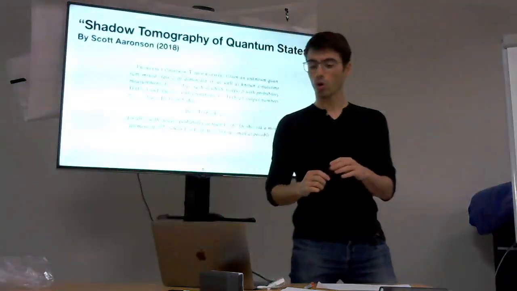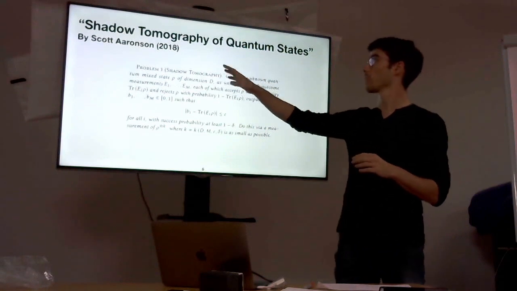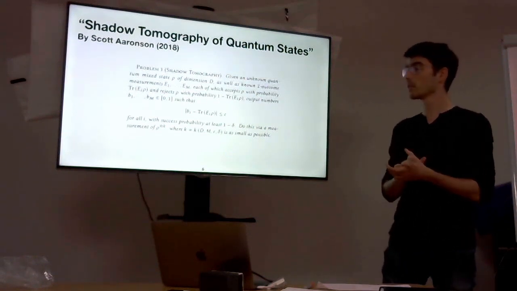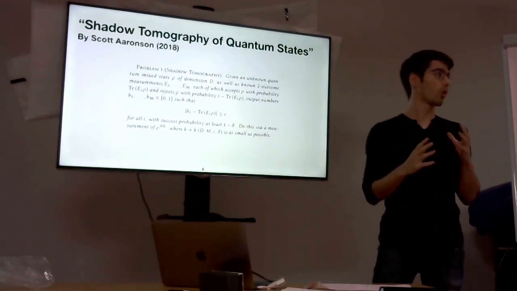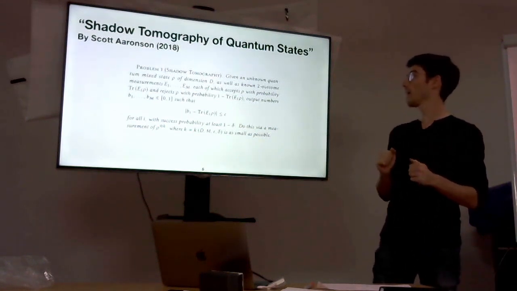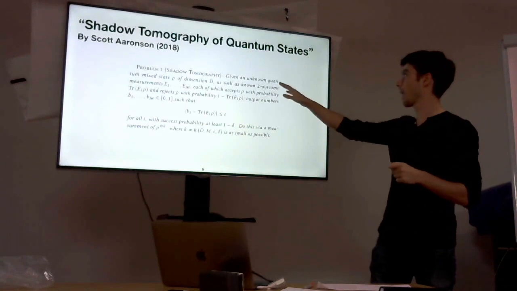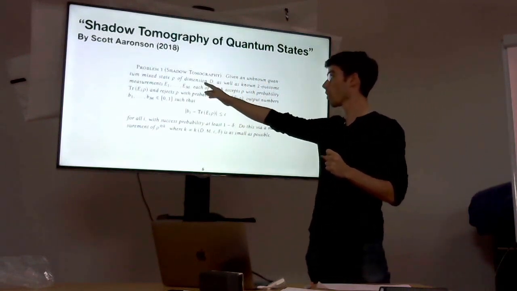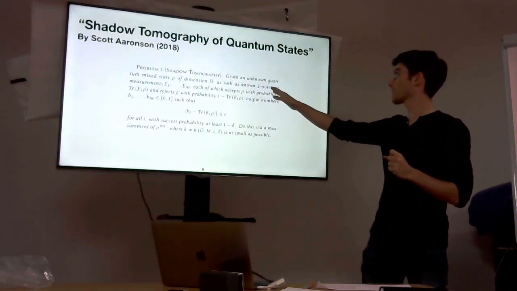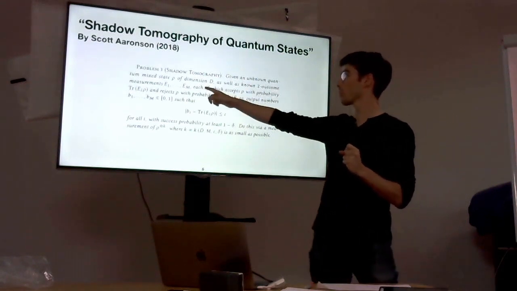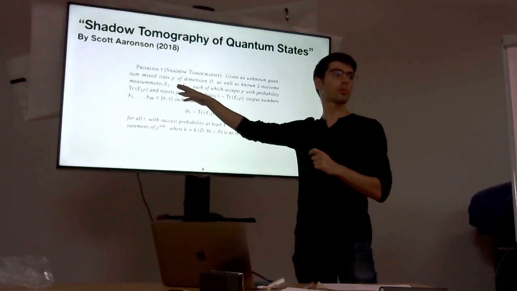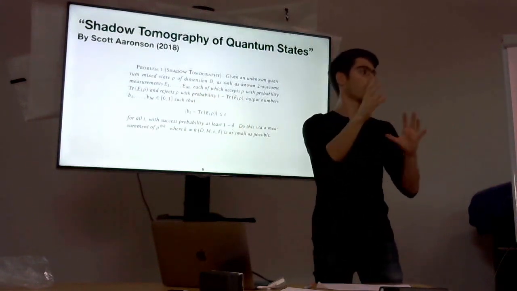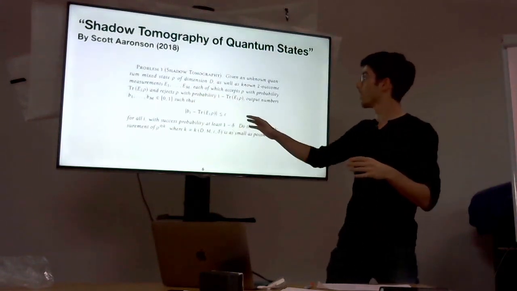So the term was coined by Scott Aaronson in his paper Shadow Tomography of Quantum States, and he formulated the problem of shadow tomography as I show you here. So given an unknown quantum mixed state rho of dimension d, as well as known two-outcome measurements, E1 to EM, that is, each of these observables has either value 0 or 1, as you may think.